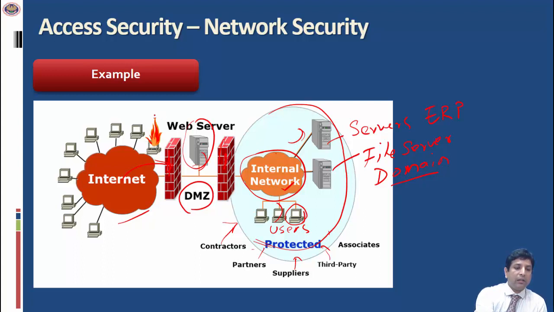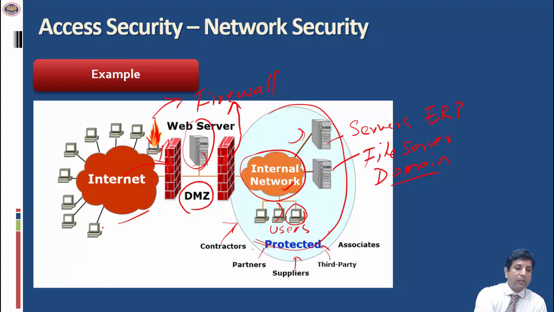And here we can see that there is a firewall. Now it depends on the company where the firewall is placed. Sometimes the firewall could be placed nearer to the internet, or there could be a firewall which can be placed in the internal network, or it is possible that there can be two sets of firewalls which are placed both at the perimeter of the internal network and also at the external gateway to provide additional security.